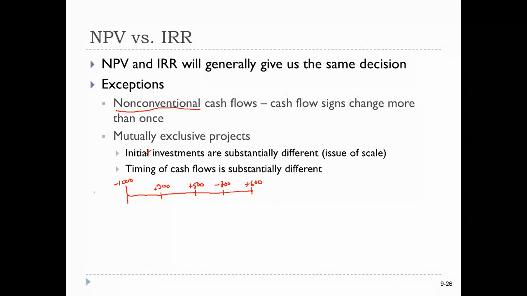Here's an example. Imaginary cash flows: $1,000 initial cost, $300 incoming cash flow in year one, $500 in year two, a negative $200, a cash outflow, in year three, and another cash inflow in year four. If these are the cash flows of your project, the IRR criteria might not be the best one to use. Here's why.